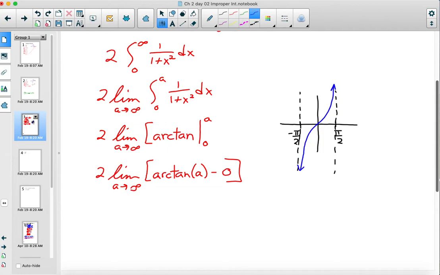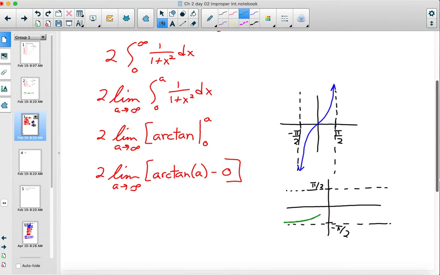So what does the arctan graph look like? Well, that's when we reflect that graph over the y equals x line. So now let me put pi over 2, negative pi over 2. And now what were vertical asymptotes are now horizontal asymptotes. And so it's going to look like this.